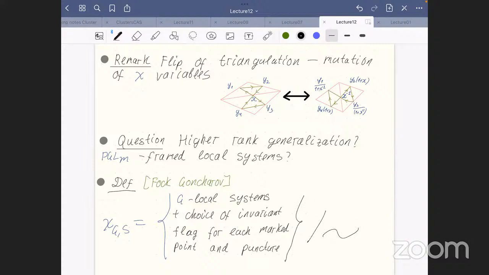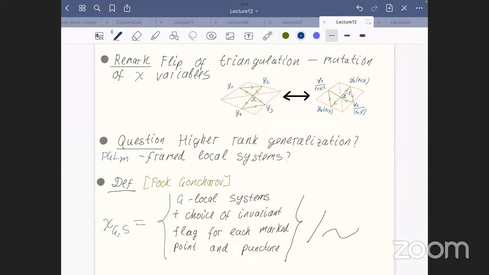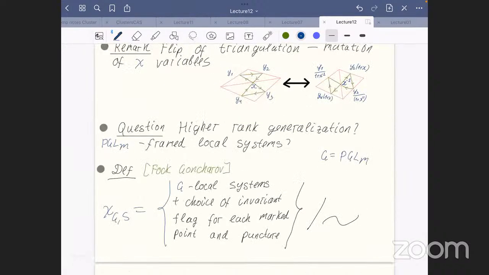By equivalence, I mean there is an action of PGLM. So this is a general definition, but here we have G equal to PGLM. And next time we will discuss cluster coordinates on the space X_{G,S} of local systems.